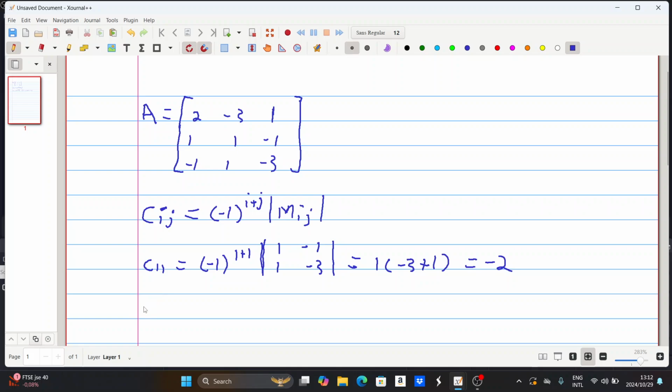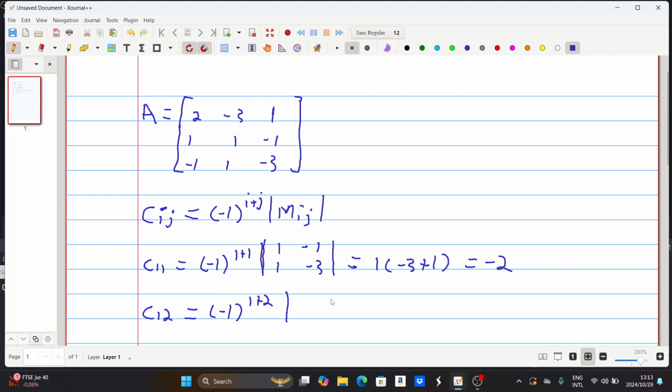So now we are on C12. We close this row and this column. We're going to have -1 to the power 1 plus 2, because our i is 1 and our j is 2.